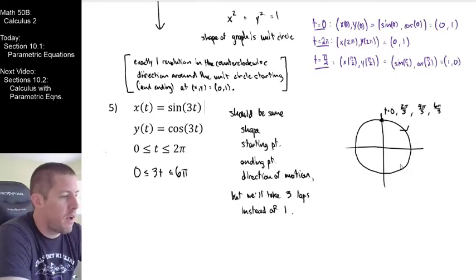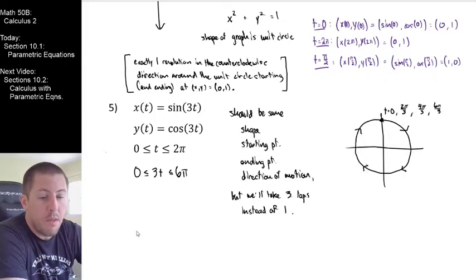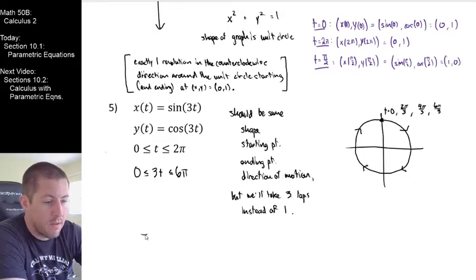So we're still getting all of our same direction of motion. It's still a radius 1 circle, but we're taking 3 laps because we traveled 3 times faster, not because we traveled for 3 times as long.